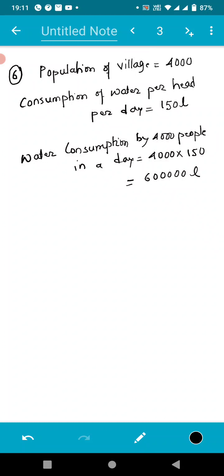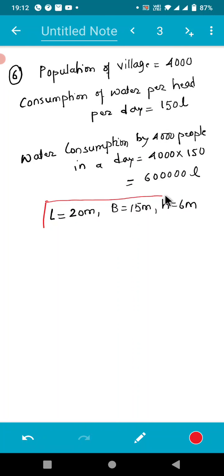Okay, now if you move on to the next sentence of the question, it has a tank. There is one tank in a village which measures 20 meter into 15 meter into 6 meter. That means length is given 20 meter, breadth is given 15 meter, and height is given 6 meter. So these are all the dimensions of the tank. So what is the first thing we'll do?